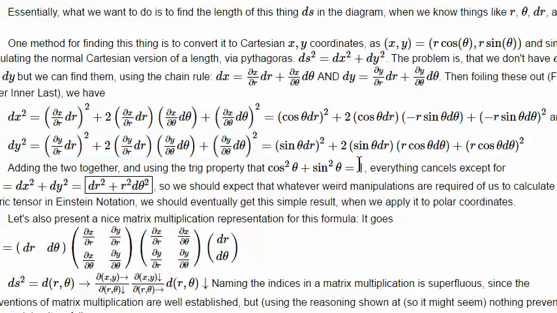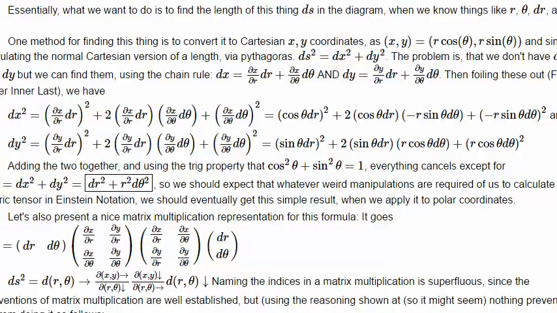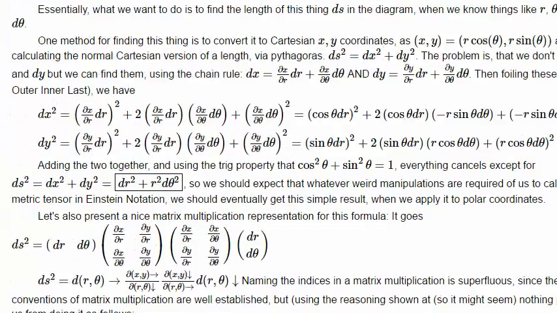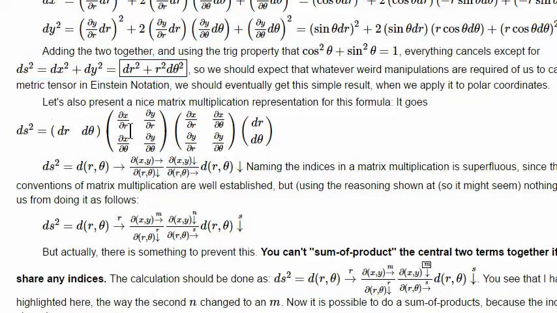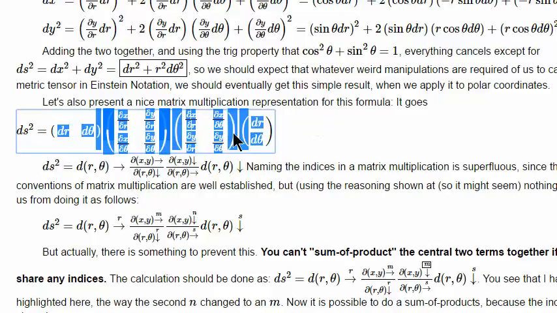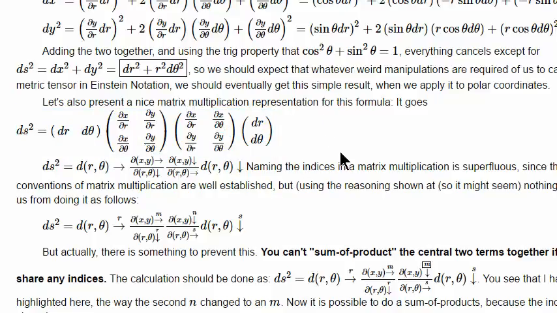Cosine squared theta plus sine squared theta equals 1, and everything cancels except that ds squared ends up being dr squared plus r squared d theta squared. And nothing really changes if you multiply it out in matrix form. You might do things in a slightly different order, but you should come out with the same answer.